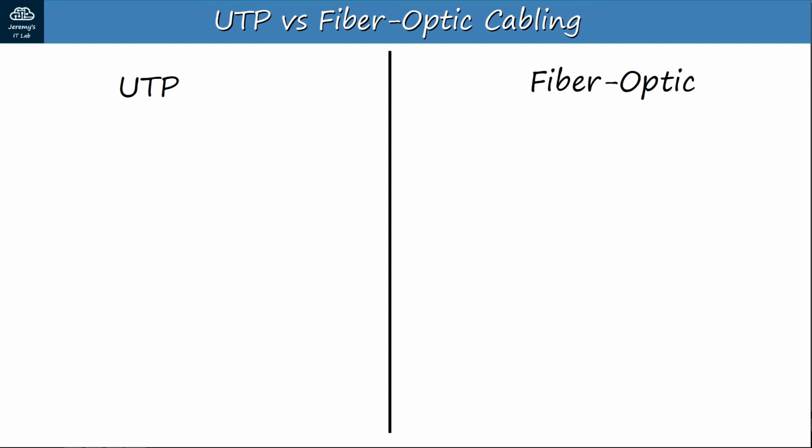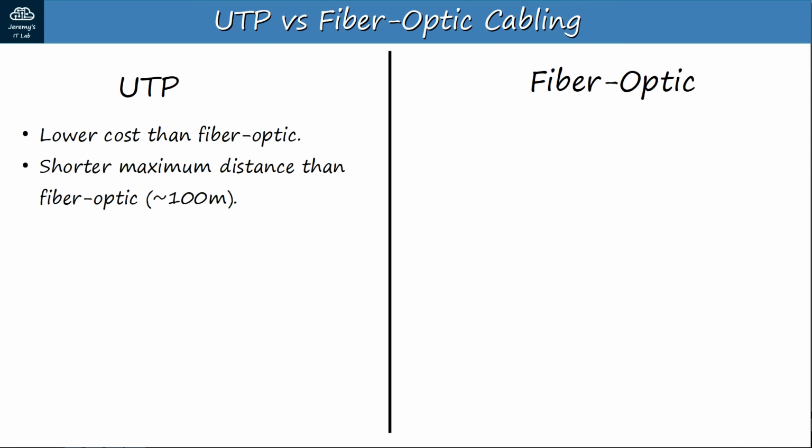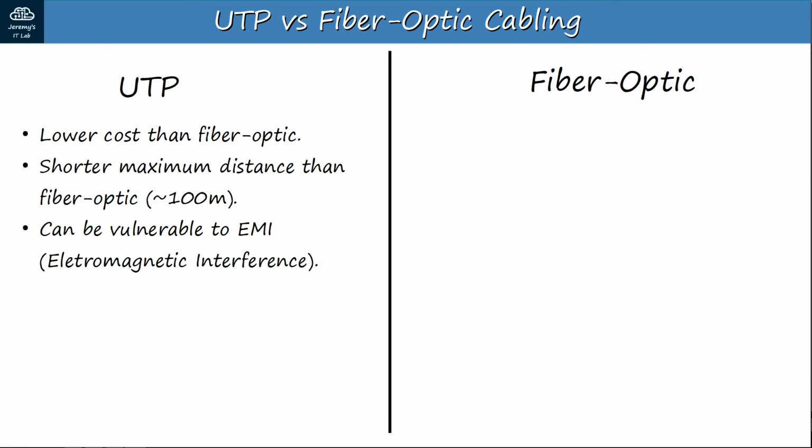Finally, let's review by comparing UTP cabling and fiber optic cabling, starting with UTP. Copper UTP cables are cheaper than fiber optic cables. Maximum cable distances for UTP cables are shorter, about 100 meters maximum. UTP cables can be vulnerable to electromagnetic interference, or EMI, although the twist in the cable pairs helps protect against this.